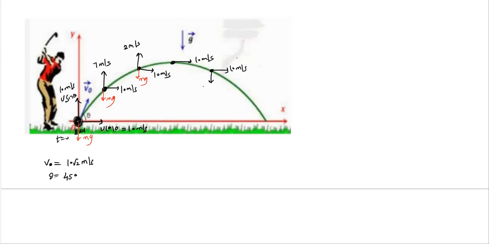The vertical component now will start increasing: 3 meter per second, and so on. Finally it will strike the ground with the same speed with which we projected it, and at the same angle.